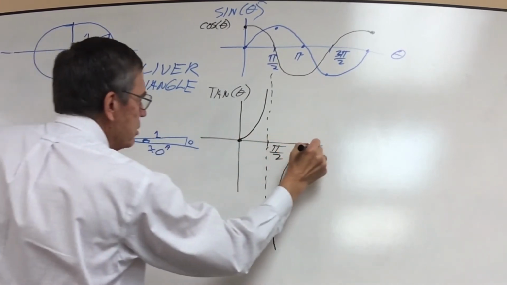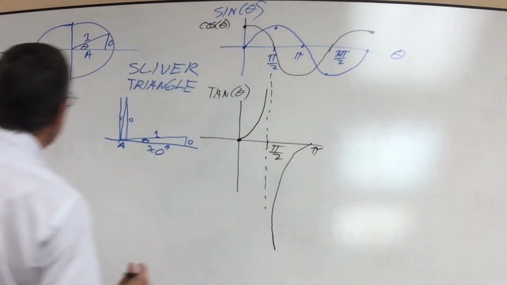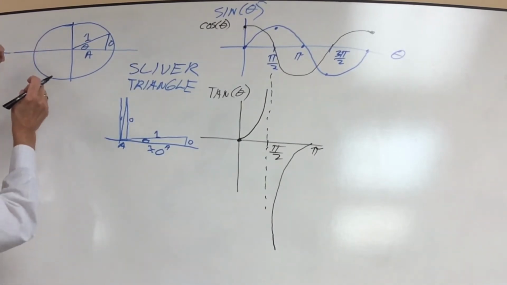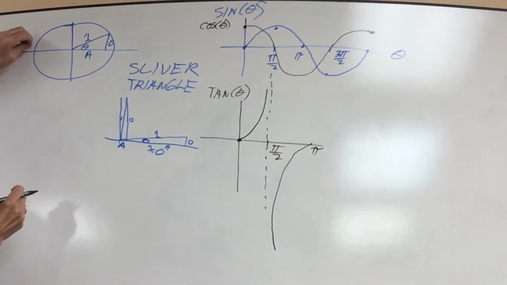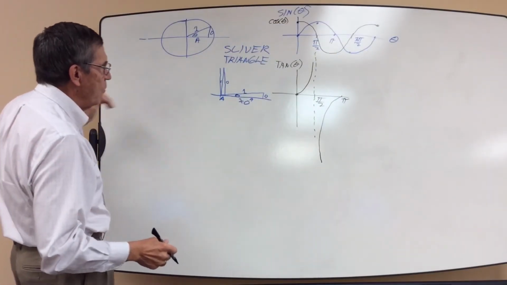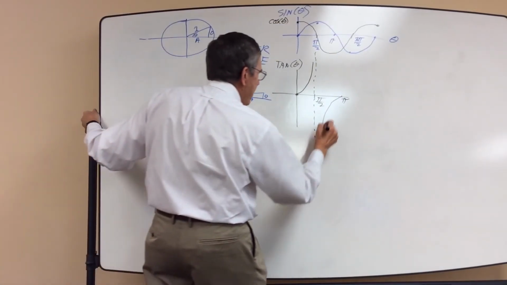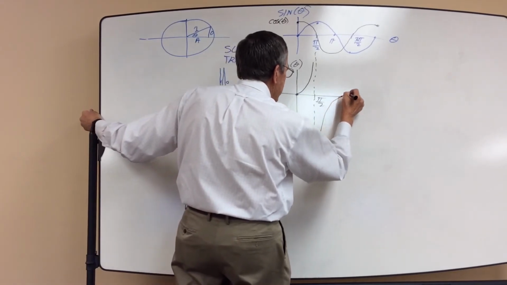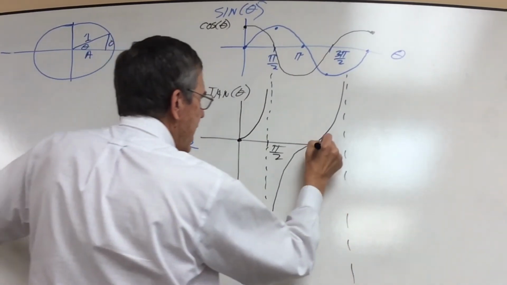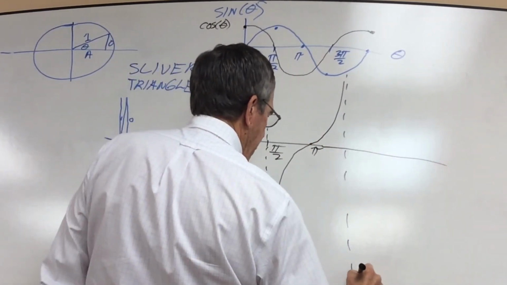So here's pi. Let's verify that. When you're over here, you have an opposite side that's very small, that's on the top, and an adjacent side that has become 1. So 0 divided by 1 is 0. And so what happens here is this then starts replicating to another asymptote, and the same thing happens as we keep going.